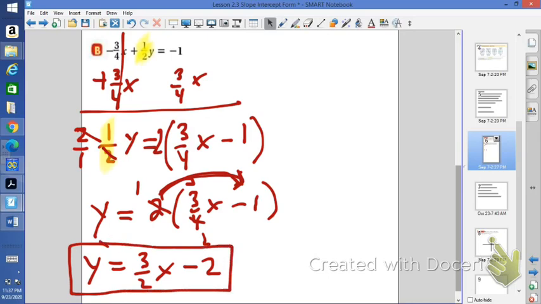So in slope-intercept form, we have y equals 3/2 x minus 2, where 3/2 is your slope and negative 2 is your y-intercept. We should probably write that out just real quick. So our slope equals 3/2 and our y-intercept is negative 2.